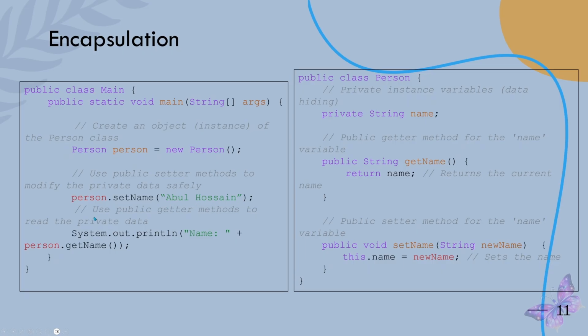Then I want to see what name I assigned, so I use the getter method person.getName. When I call this getName method here, it will print the name as Abul Hussein. So this is how encapsulation works. It is hiding the object's data and methods within an object to keep it safe.